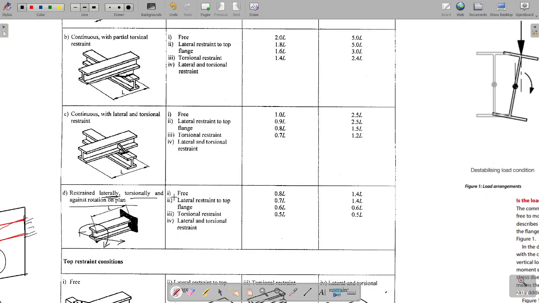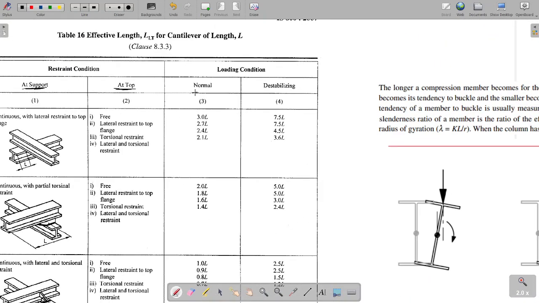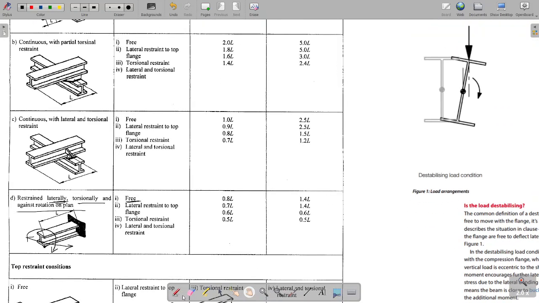But at top, the first case is free. At top it is free, so it can deflect laterally and sway torsionally. In that case, there is normal loading condition and there is another, destabilizing loading condition; we will see the loading conditions also. Under normal loading condition, free gives 0.8L and destabilizing gives 1.4L. This is normal and this is destabilizing. Then, lateral restraint to the top flange: just the top flange is given lateral restraint.